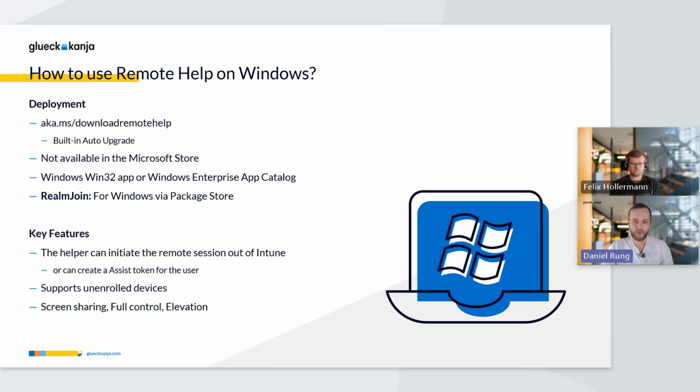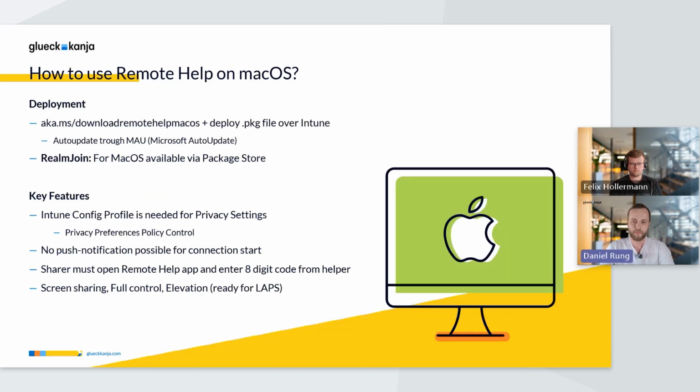It also supports unenrolled devices. So if your conditional access lets you, you can log into the Remote Help web app or to the Remote Help app here with your Entra ID. And the session can be started over Intune.